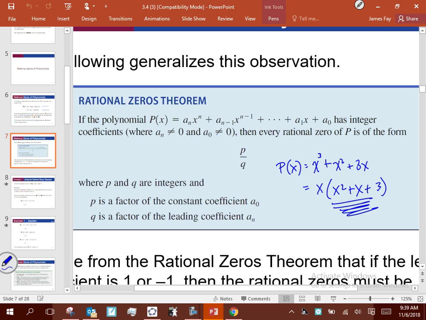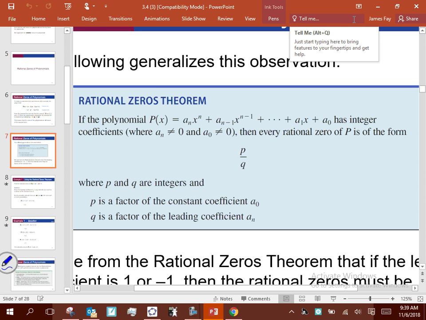And that's really what we want to do every time anyway, before we even do any factoring: recognize that there's a GCF and factor that out. And then attack with the rational zeros theorem if that's necessary. But what this says is every single rational zero of p, every single place that your curve is going to cross the x-axis, is going to be in the form of p over q, where p is the factors of the constant coefficient a sub 0.